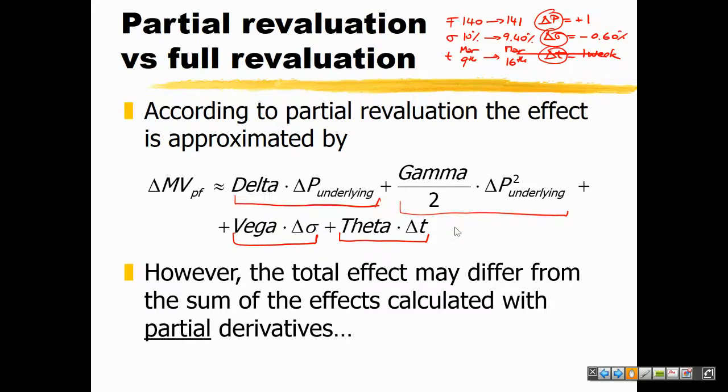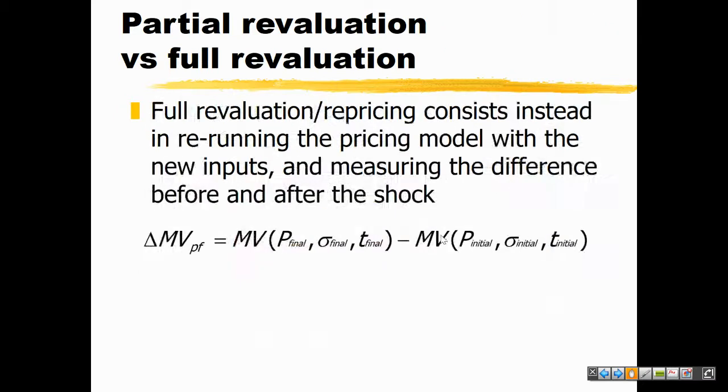If you instead are using them to combine multiple effects, maybe also multiple not so small effects, of course the approximation you get with this formula can become worse and worse as the effects become larger and larger, and especially if you have a portfolio of options for which Greeks tend to be volatile. So for instance, just a small increase in price changes the vega a lot, or a small change in volatility changes delta and gamma a lot, which can potentially happen in certain circumstances.